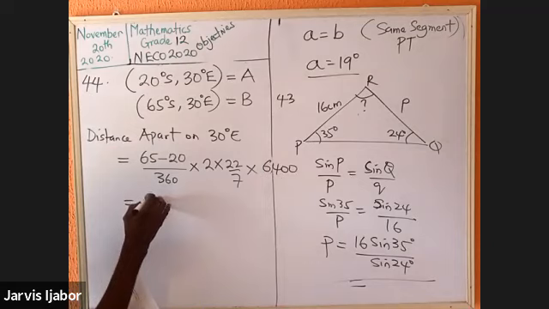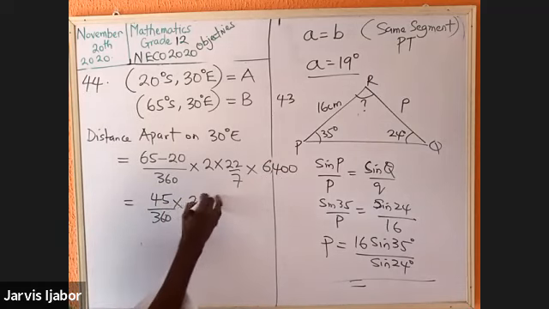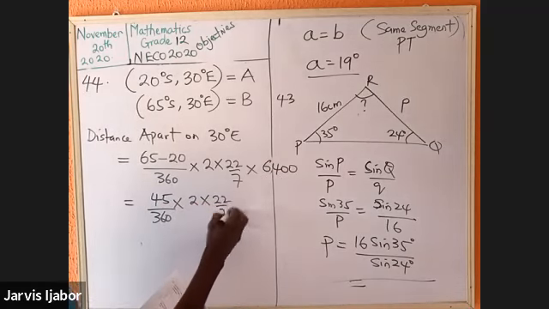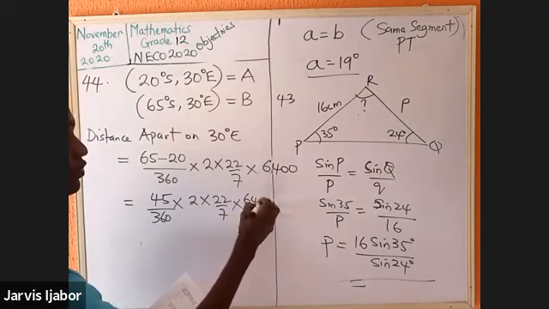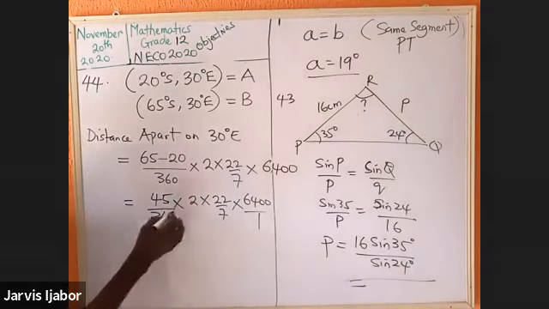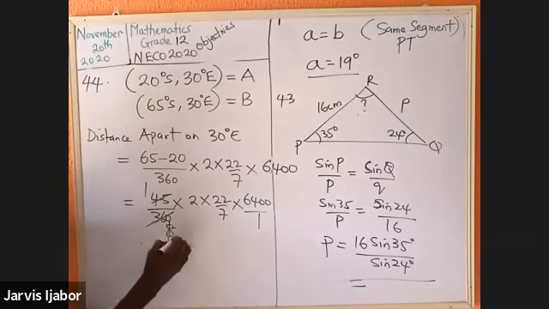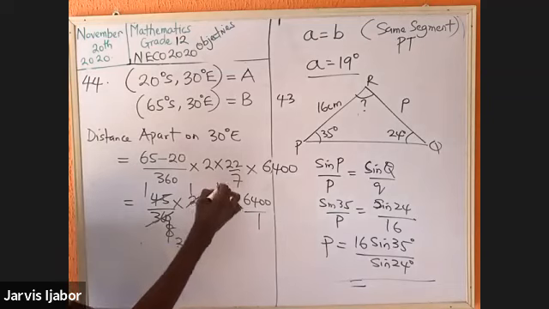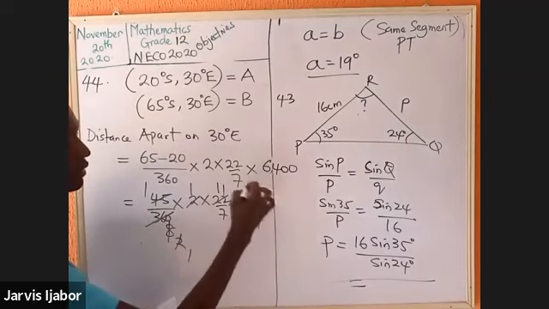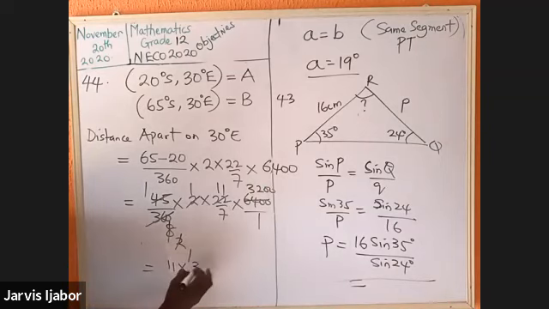So this will give me 45 over 360 times 2 times 22 over 7 times 6,400 over 1. So what do we do? This will go here, you have 8. This will go here, you have 1. This will give me 2, 1, 11, 3,200. So that would be 11 times 3,200 over 7.